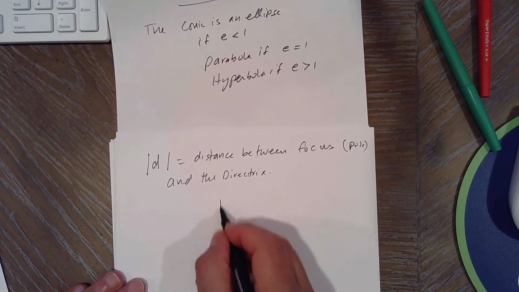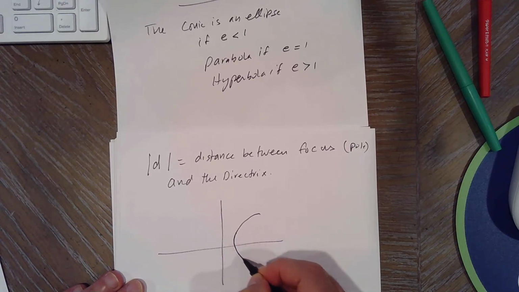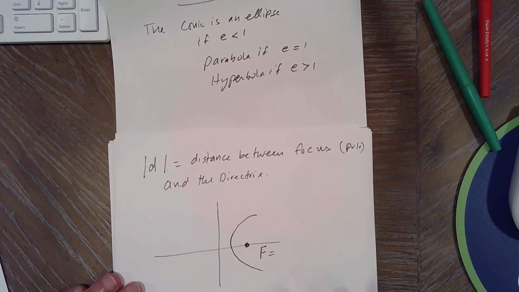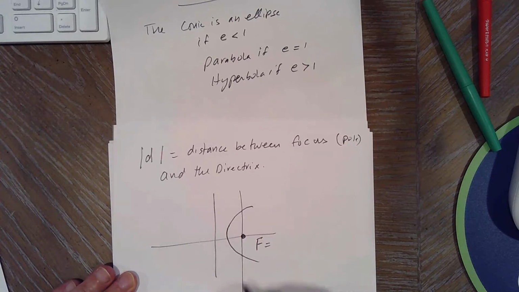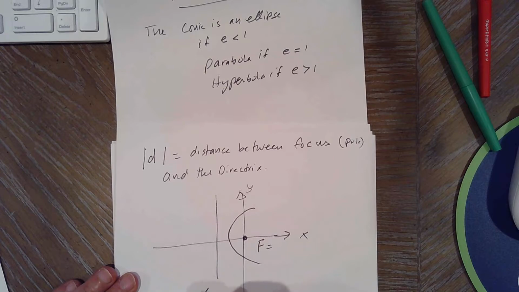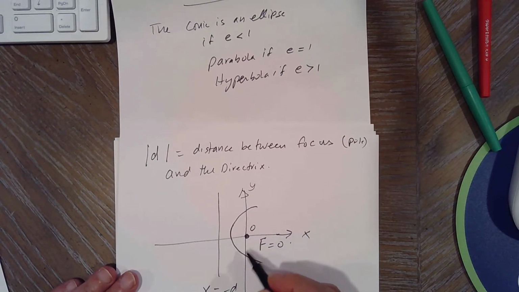Okay, so basically, just to give you an example, you could have the focus here, so this is the rectangular system of coordinates, the y-axis, the x-axis. This is x equals negative d. This is the origin, which is the pole, and this is the absolute value of d.